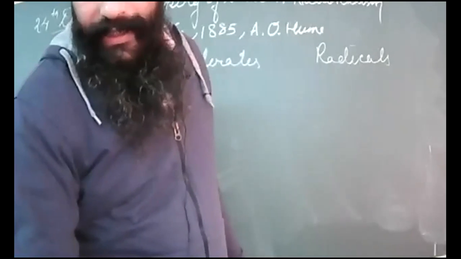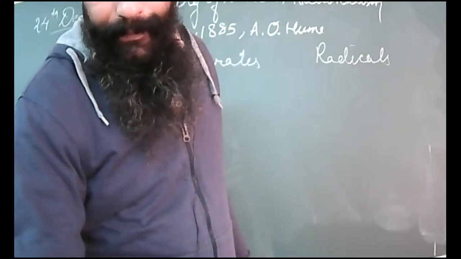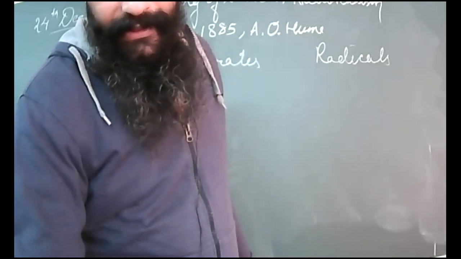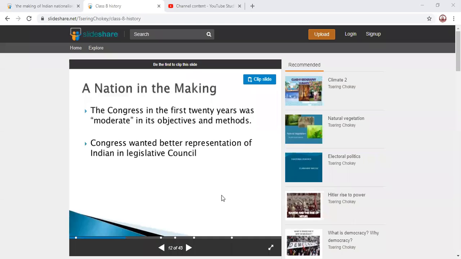That group was the radicals, in which there were three important leaders raising their voice: Lala Lajpat Rai, Bal Gangadhar Tilak, and Bipin Chandra Pal. In social studies, their combined name is Lal Bal Pal. But let's move towards the moderates first.